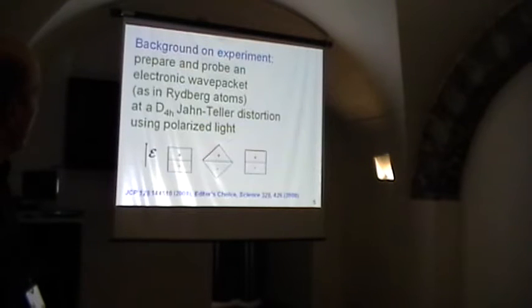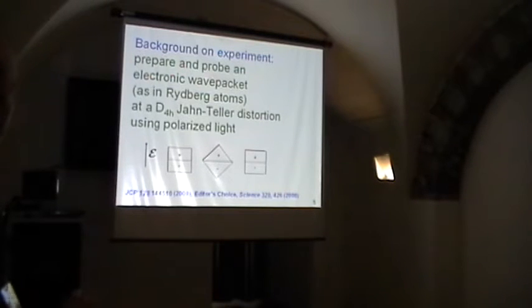And so in the first experiment I'll be telling you about, we're going to prepare and probe an electronic wave packet at a D4H Jahn-Teller distortion using polarized light. Since this is an electronic wave packet, it will have many features in common with the wave packets seen in Rydberg atoms.